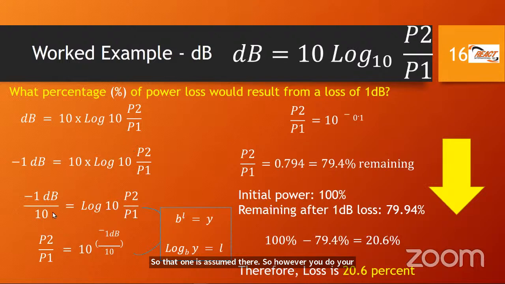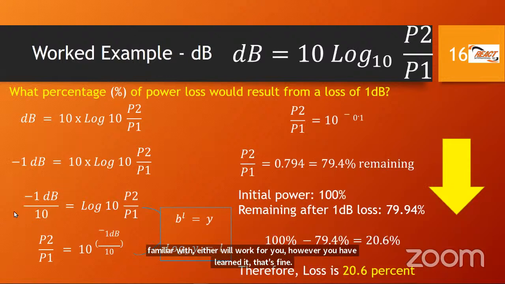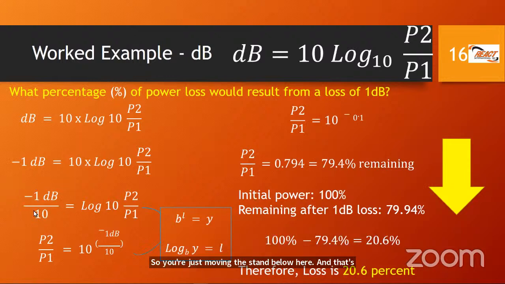Whether cross multiplication, division, or transposition, whichever you have learned or are familiar with, either will work for you. So you're just moving this 10 below here, and that's how we get minus 1 over 10 is equal to what remains, which is log to base 10 of P2 over P1.